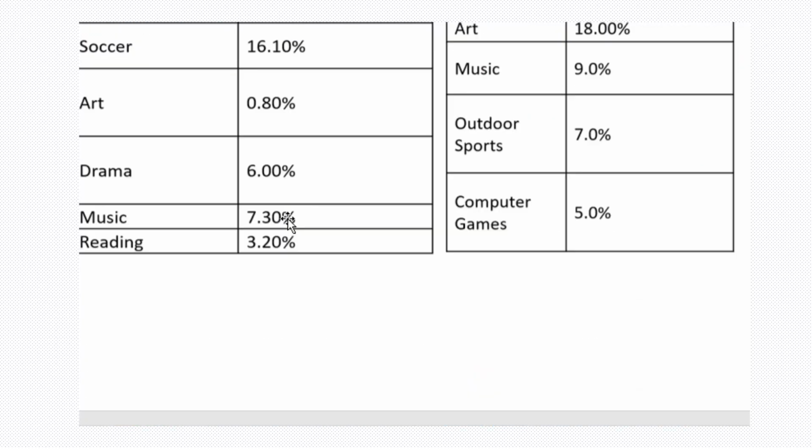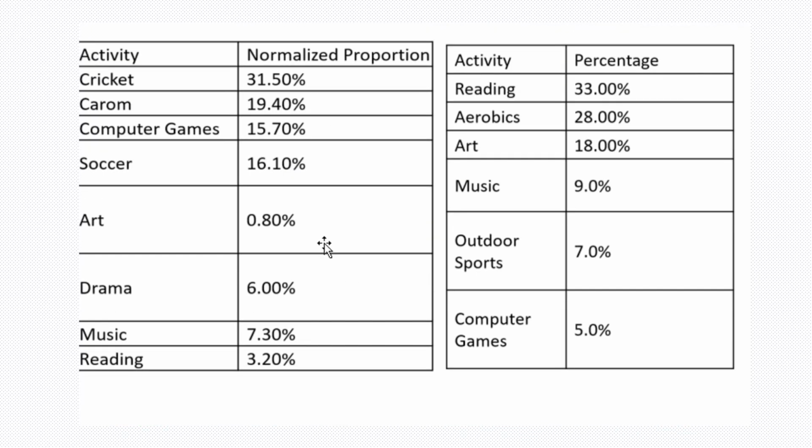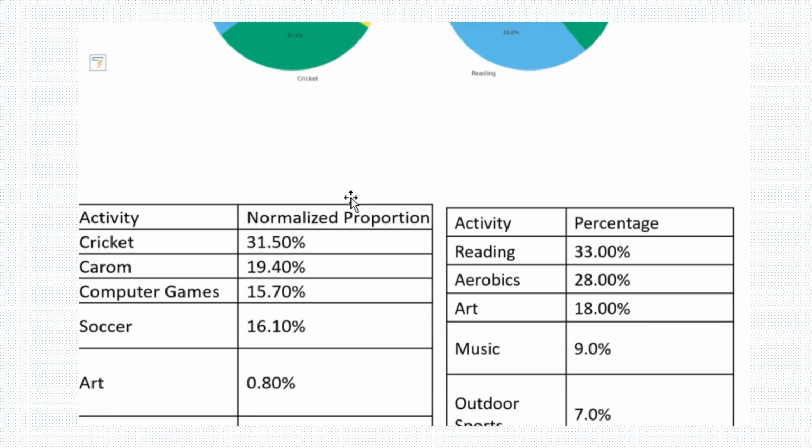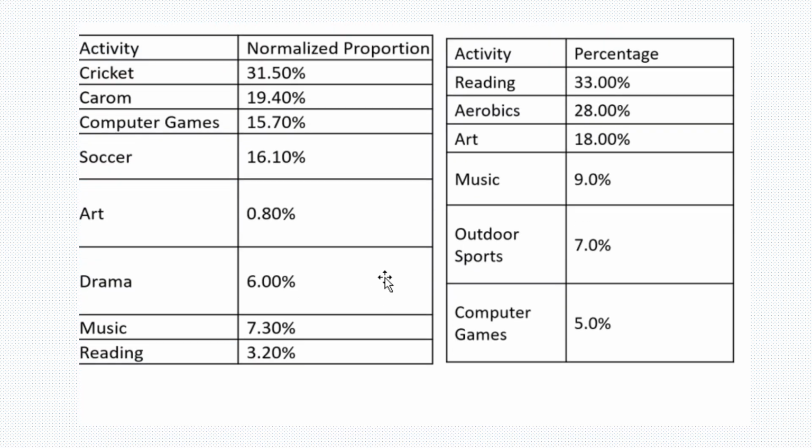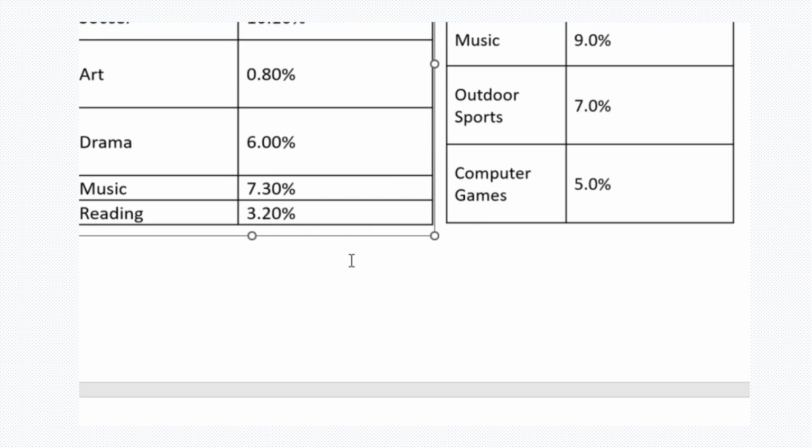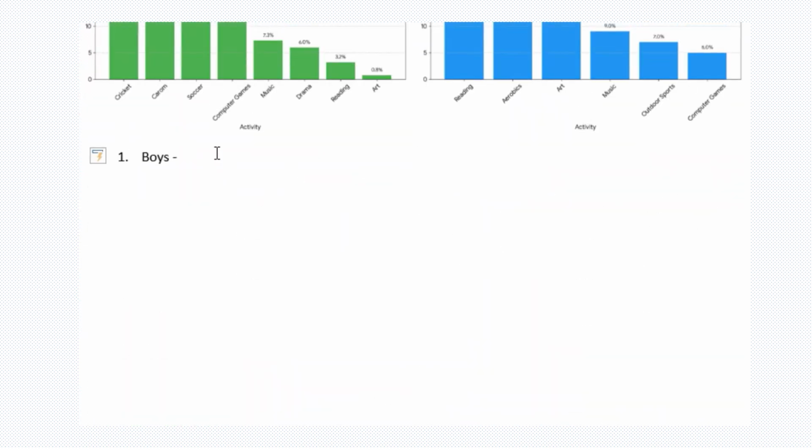boys. Let's see what the boys' preferences are. What do they prefer? If you go back to this table again, or maybe the pie graph, the same data is there, and you can see boys prefer cricket, carom comes second in the priority list, and soccer is the third one. We don't have to write all of them, just maybe two of them.